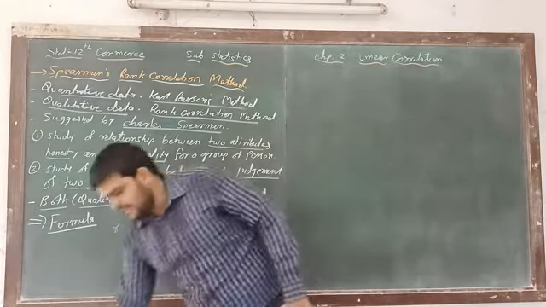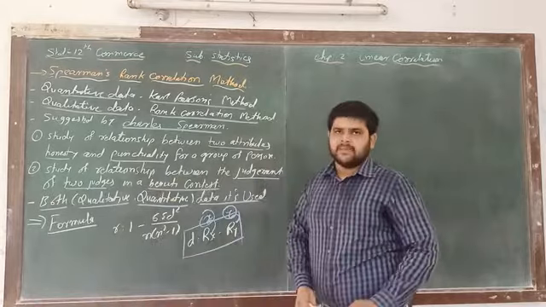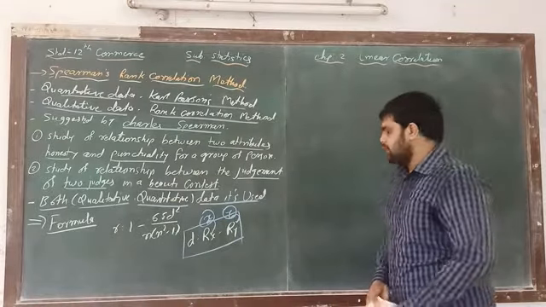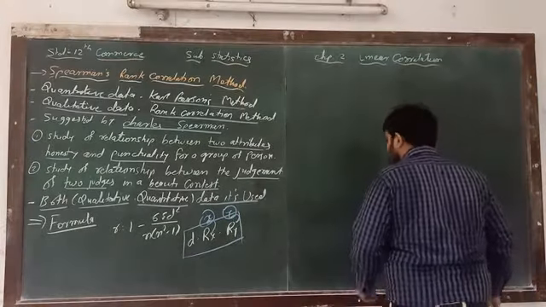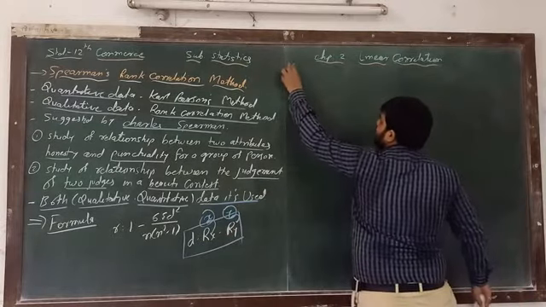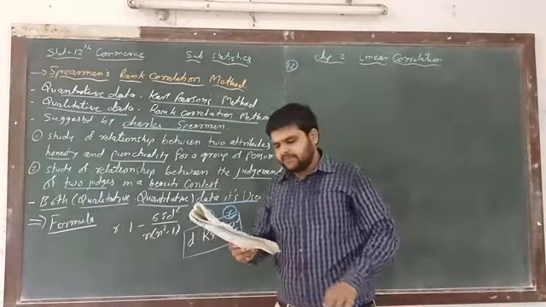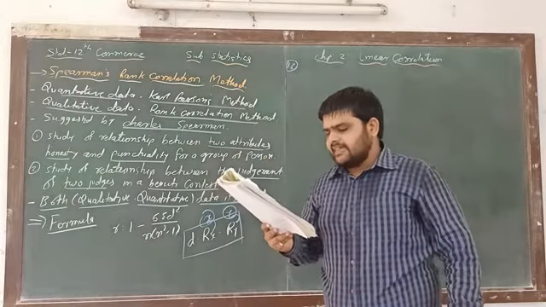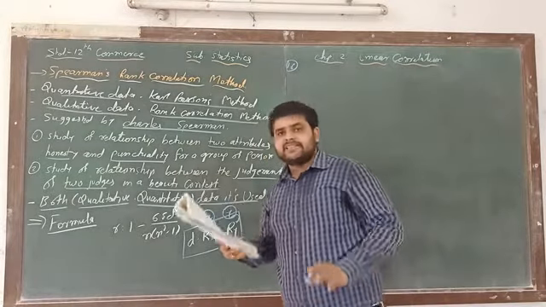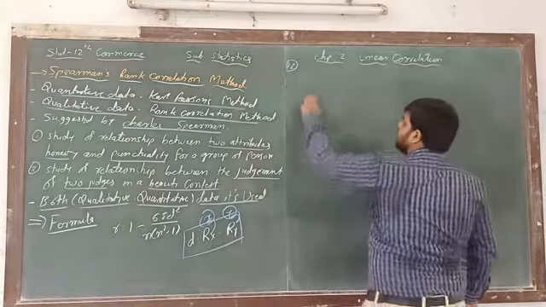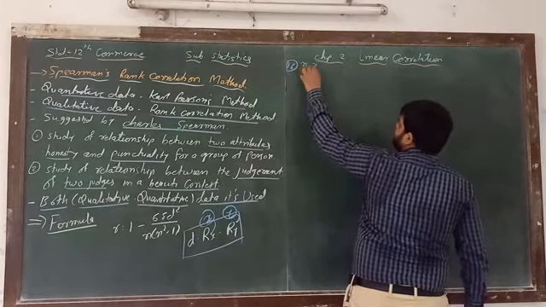For understanding, let us take the next example, example number 16. What is the example? 7 employees are selected from a company, so n is equal to 7.